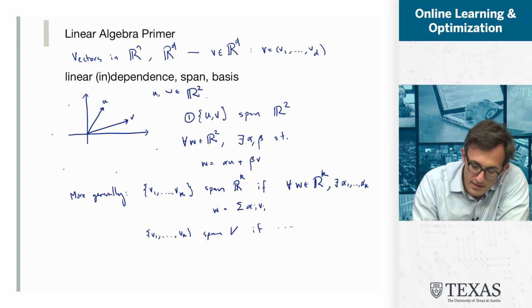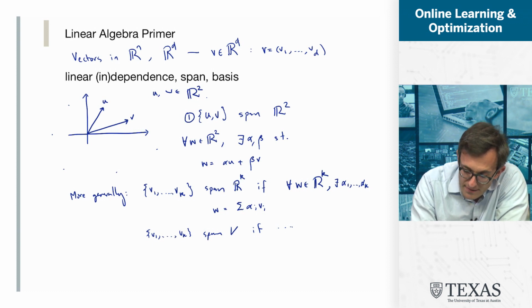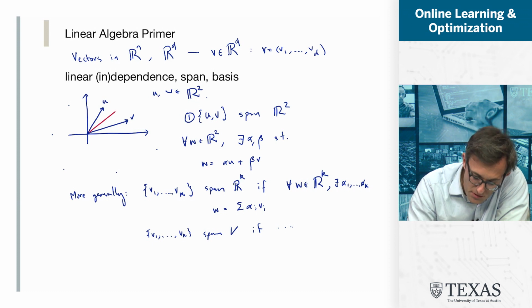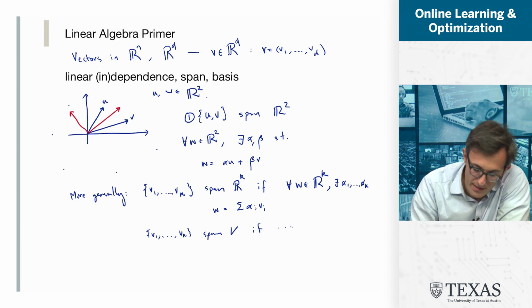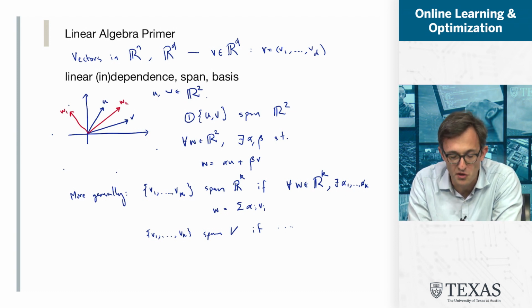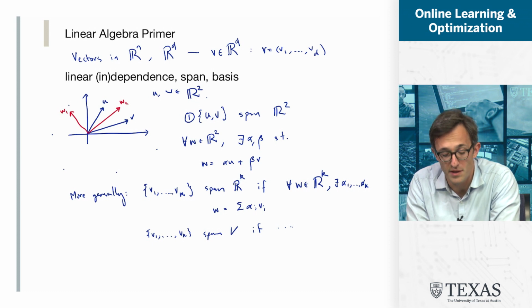Now let's look at these three vectors here, and let me add a few more vectors in a different color. It's clear that all four of these vectors, let me call them w1 and w2, if u and v span, then if I add more vectors, they continue to span.